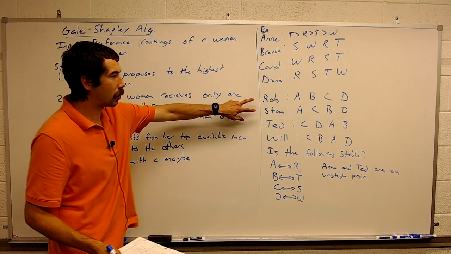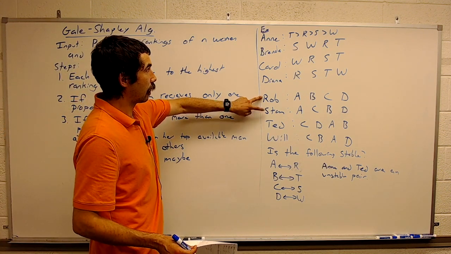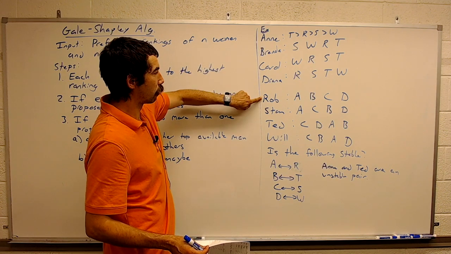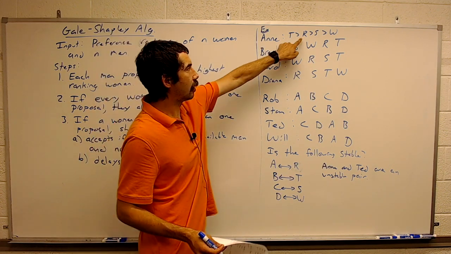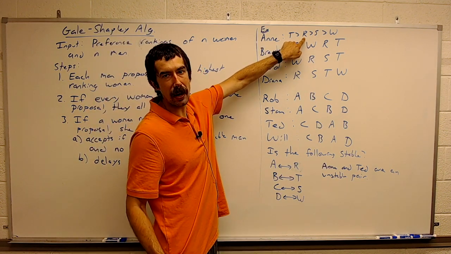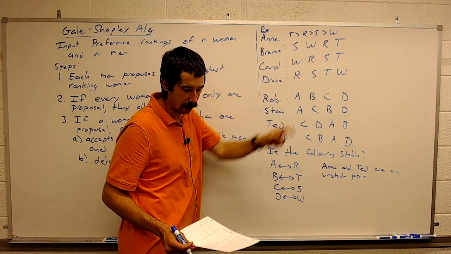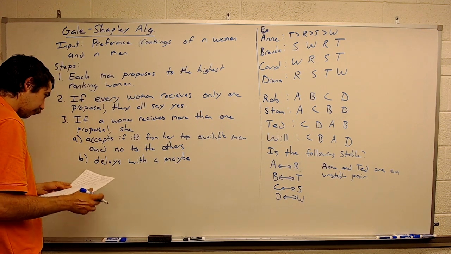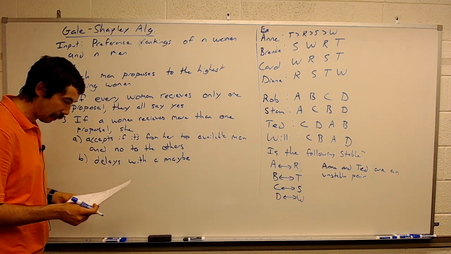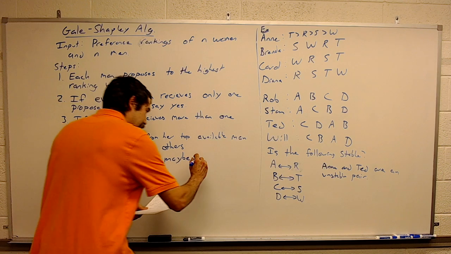Okay, so we're going to do this example in a second. But looking at Anne, she gets a proposal from Rob and Stan. Neither are her top choices. So she's going to say maybe to Rob, and she's still going to say no to Stan.